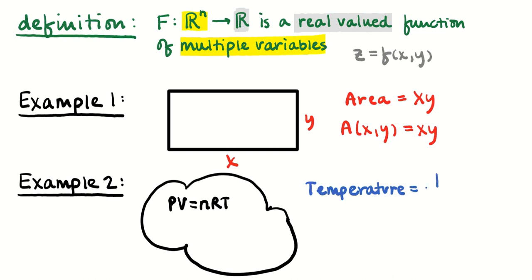But if n and R are both constants, I could say 1 over nR times PV. If I wanted to write this as a function of two variables, I would say the temperature, which depends on both pressure and volume, is equal to 1 over nR times P times V. These are a couple of things that you've seen before in the past.